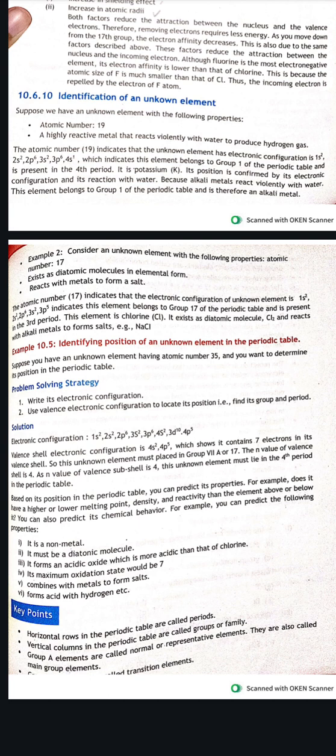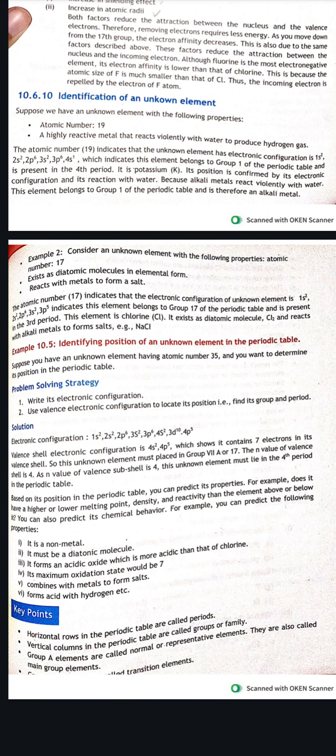So we have the valence electron in the s subshell and n is equal to 4. So basically it will belong to period 4 and group 1. s1 means group 1 and it's an alkali metal, so it's potassium. Its position is confirmed by its electronic configuration and its reaction with water, because alkali metals react violently with water.